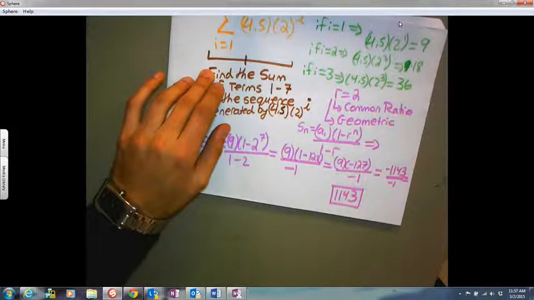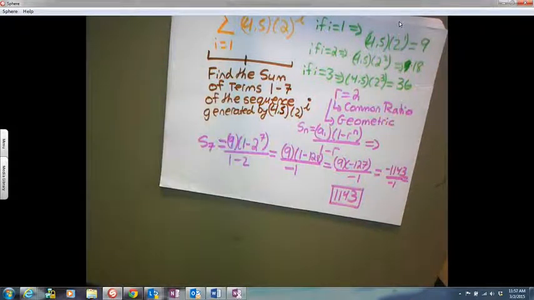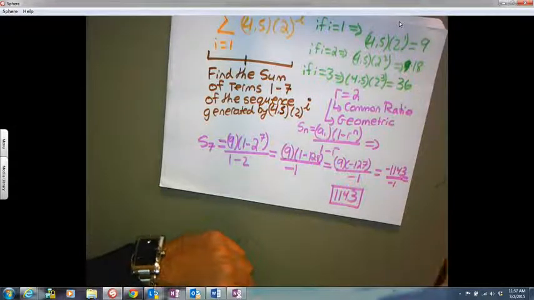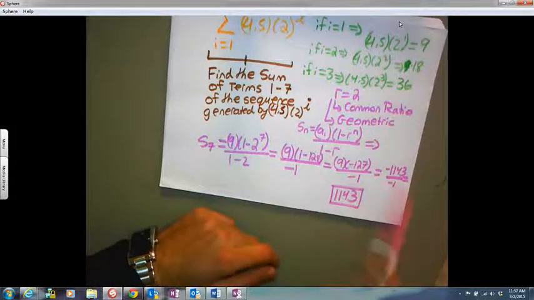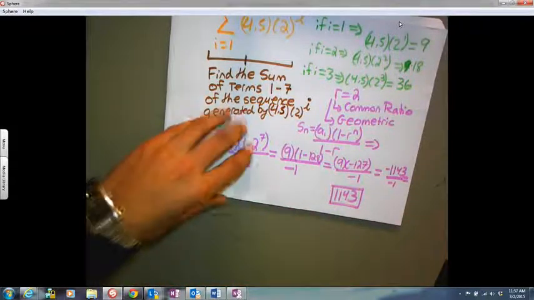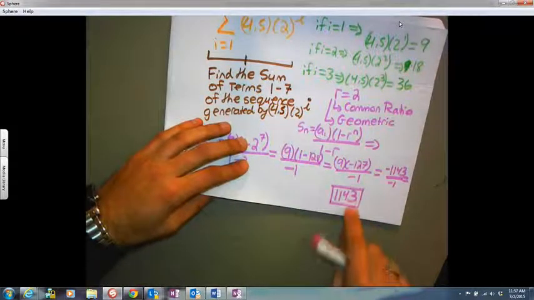A, so you all know how to do it, and B, so that if there is a problem where the other strategy could be more effective, you'll be able to do it that way. And in fact, this other strategy, I think, is conceptually slightly more challenging, but definitely easier with the calculations. So let's see what that looks like. I'm going to solve it, and I will end up with the exact same 1143 answer. So let's see how to do that.